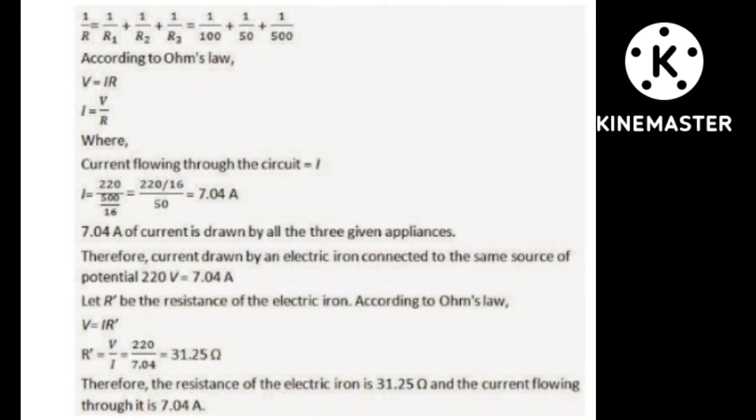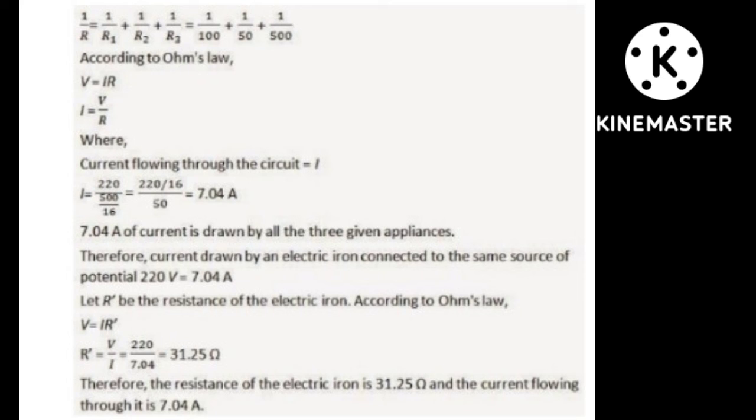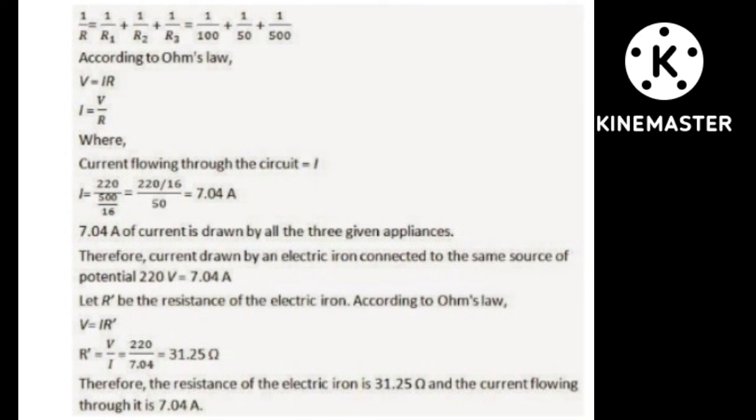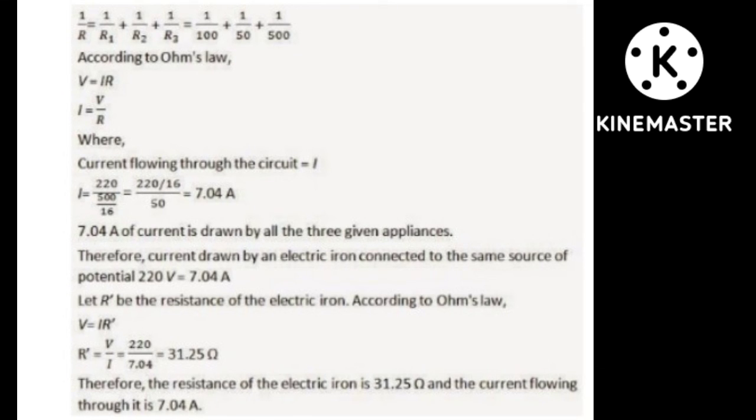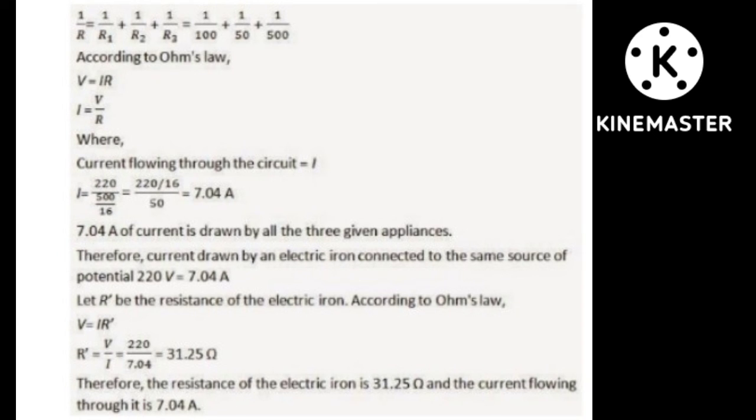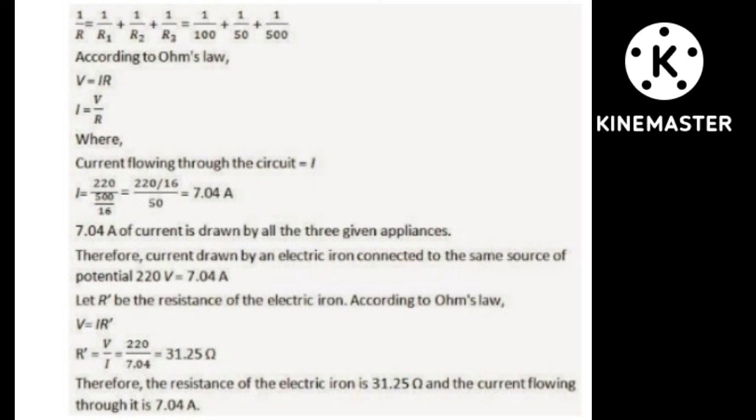So when we calculate the value, we will get it as 7.04 amperes. Then that is 7.04 ampere of current drawn by all the 3 given appliances. Therefore, the current drawn by an electric iron connected to the same source of potential 220 volt is also 7.04 ampere.